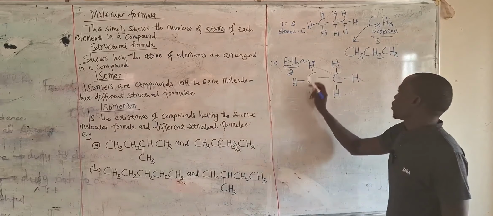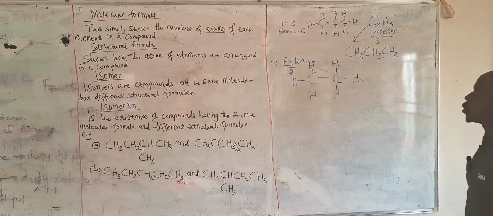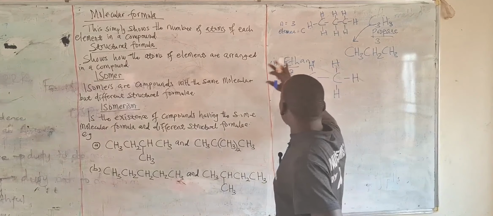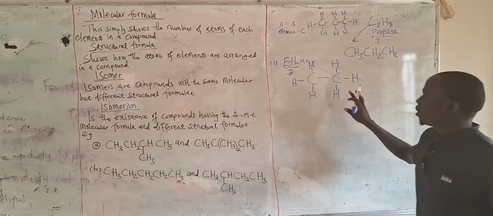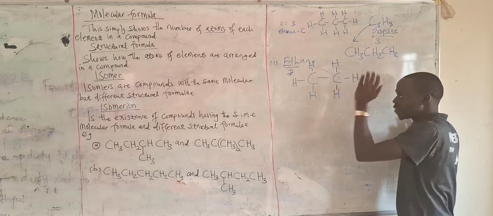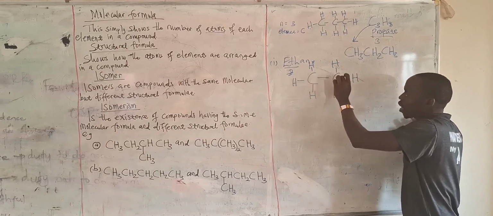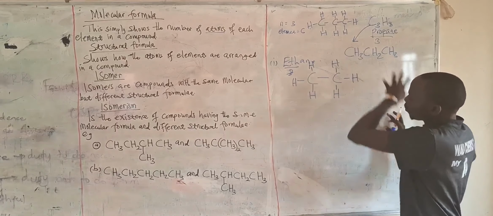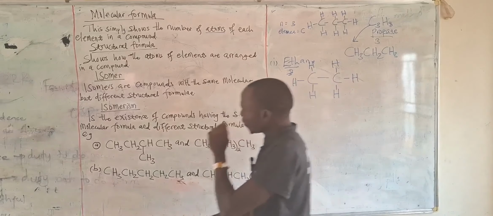So we have 1, 2, 3, 4, 5, 6 hydrogen. So this is the structural formula. It shows how atoms are really arranged. So this is the exact arrangement. You see carbons, then you see hydrogen. This is the arrangement.